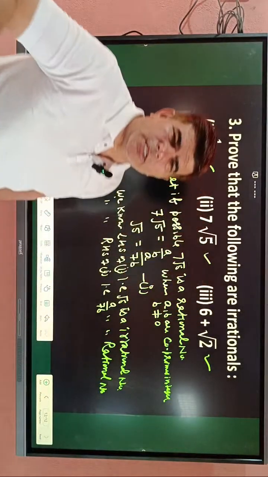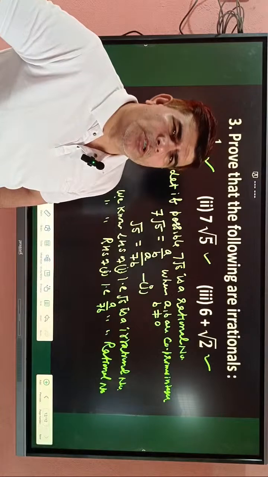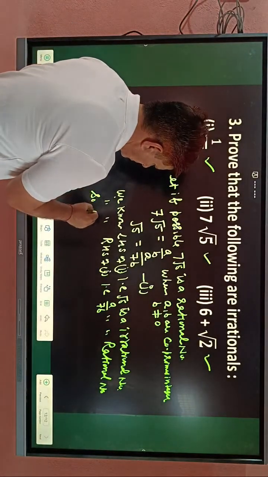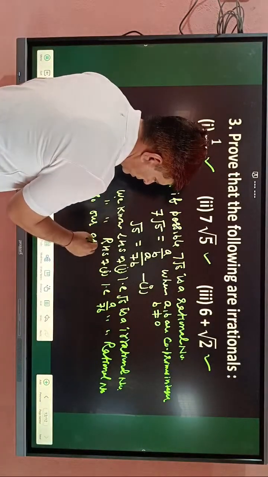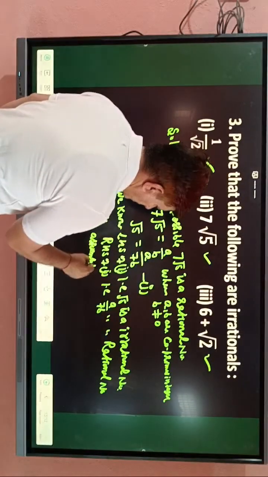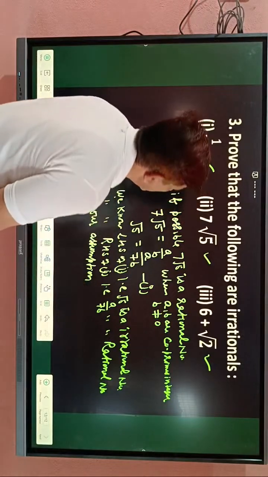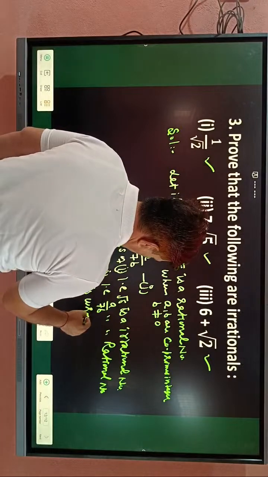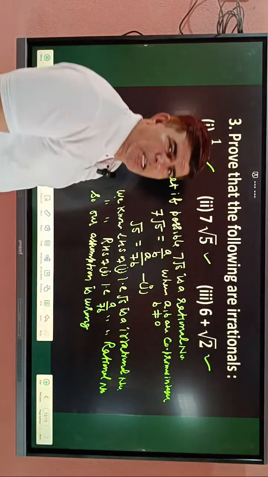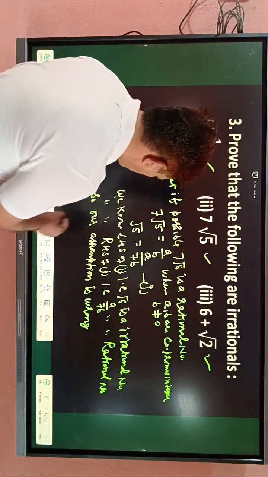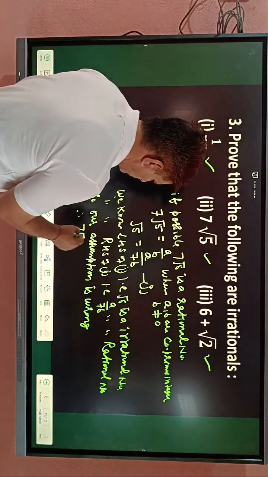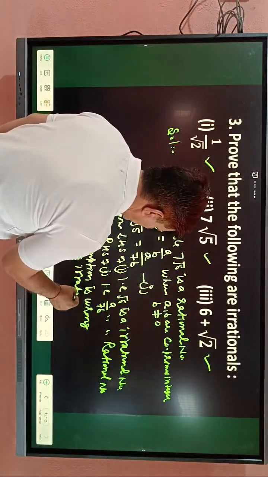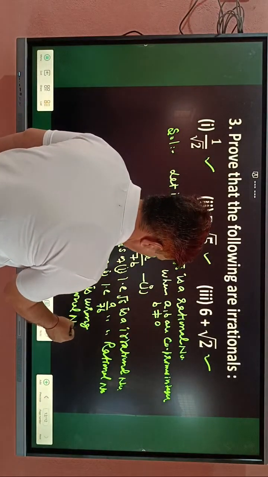Is it possible, rational equal to irrational? Not possible. So what we can say? Our assumption, what's our assumption? 7 root 5 is a rational number, is wrong. If it is not rational, what is that? Irrational. Therefore, 7 root 5 is an irrational number.